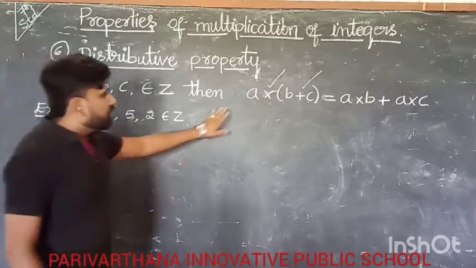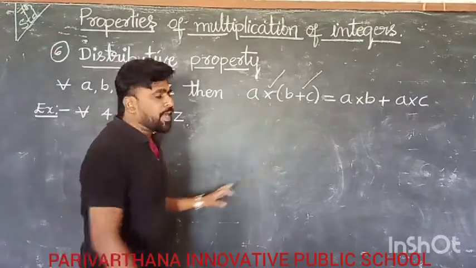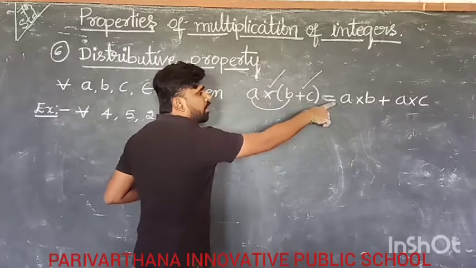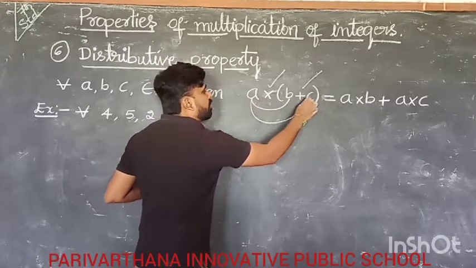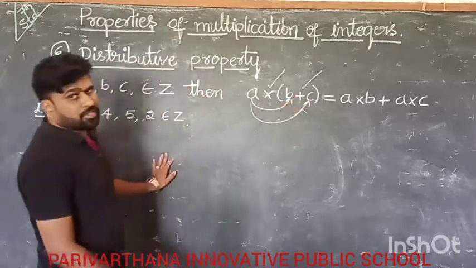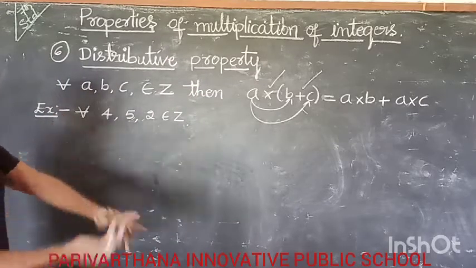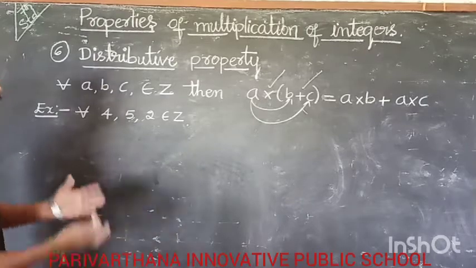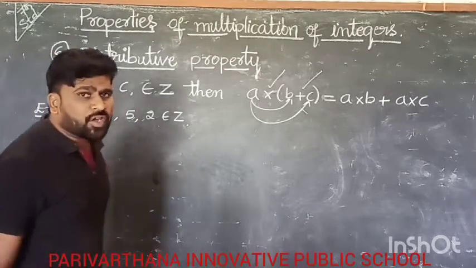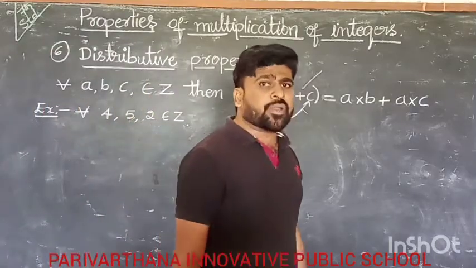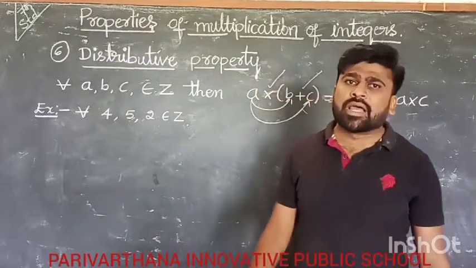Both. See here, B plus C, opening the bracket, it is A into B. Clear? Again A into C. This is the distributive property. If LHS is equal to RHS, automatically distributive property satisfies under multiplication over addition.